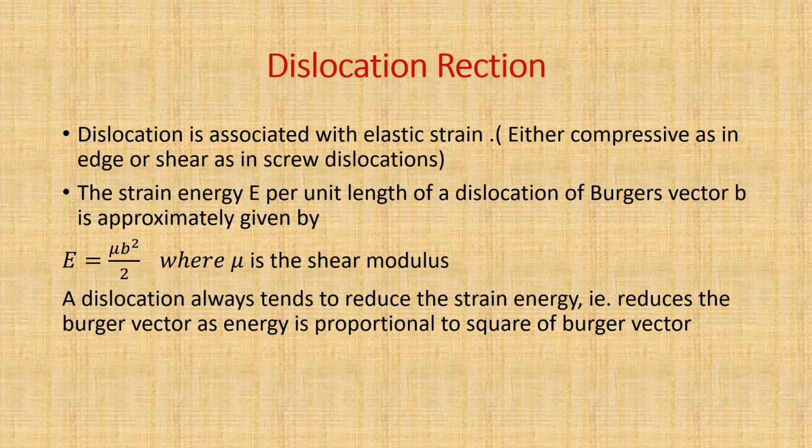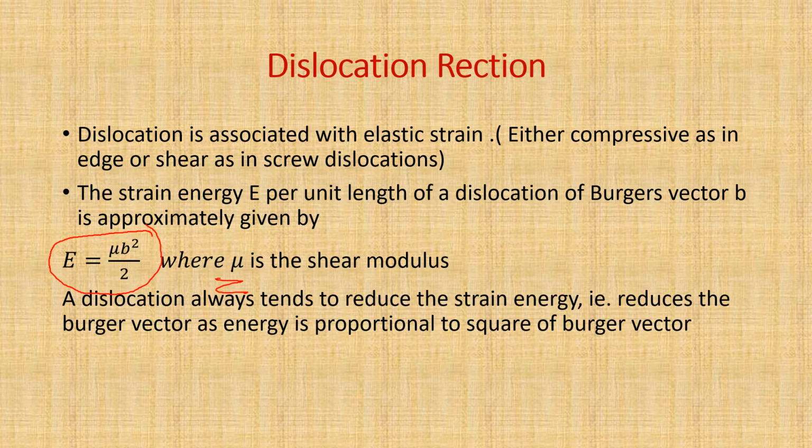The strain energy per unit length of a dislocation of Burger's vector b is approximately given by E equals mu b square divided by 2, where mu is the shear modulus.